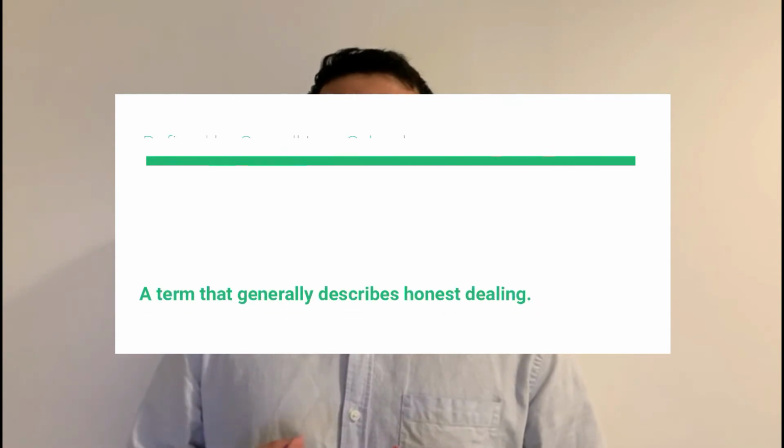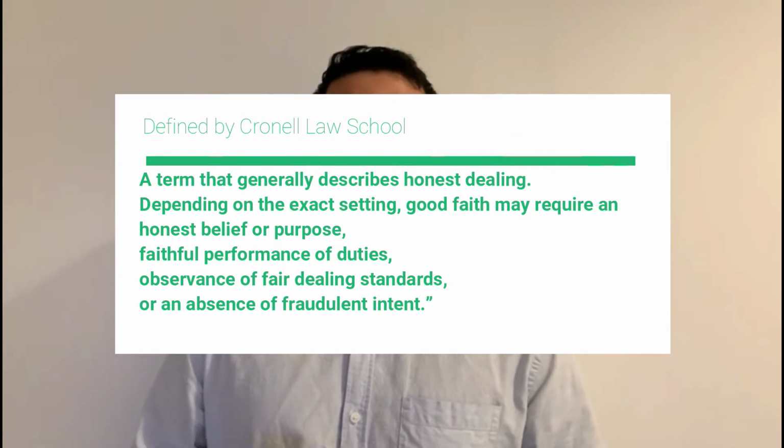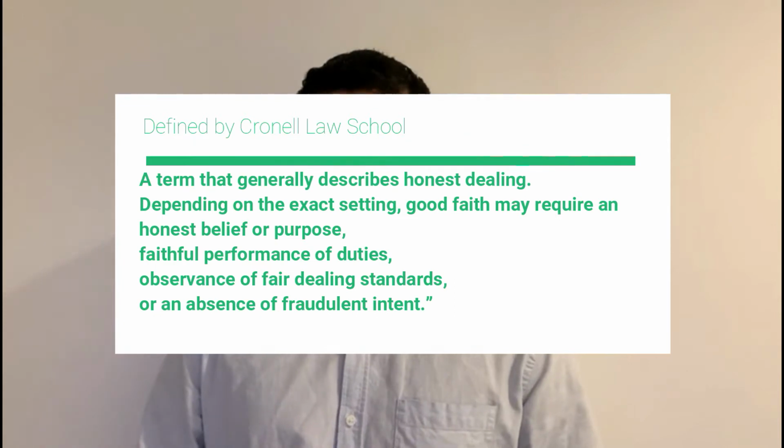Now, let's start with something simple: the definition of good faith that we have right now, so everyone's on the same page and we're not having mixed ideas on what we're really talking about. For starters, good faith as defined by Cornell Law School is a term that generally describes honest dealing. Depending on the exact setting, good faith may require an honest belief of purpose, a faithful performance of duties, observance of the fair dealing standards, or an absence of fraudulent intent.